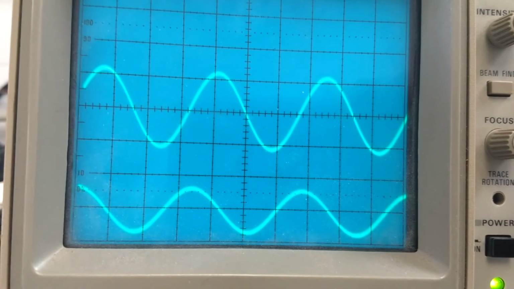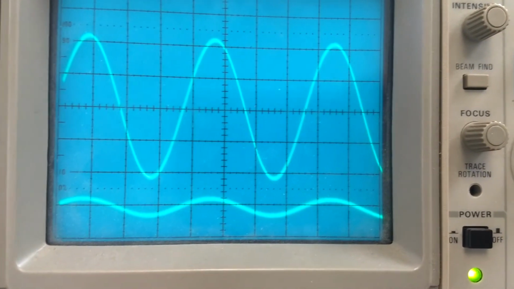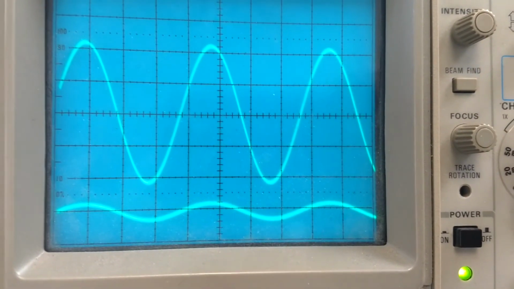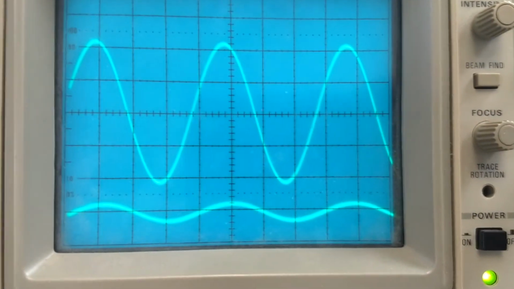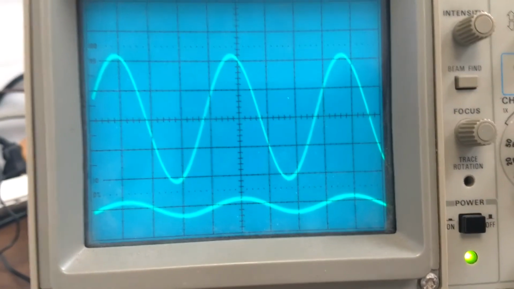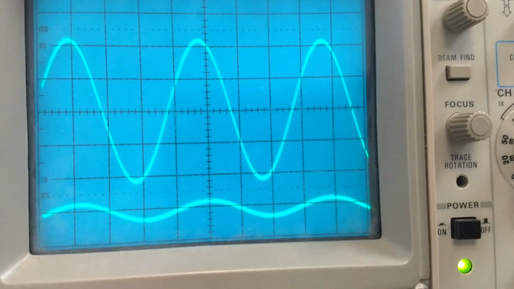So what's going on here is that at resonance, there's the resonant point, we have a minimum of current. So a parallel LC circuit at resonance is a high impedance. We have high voltage and low current.